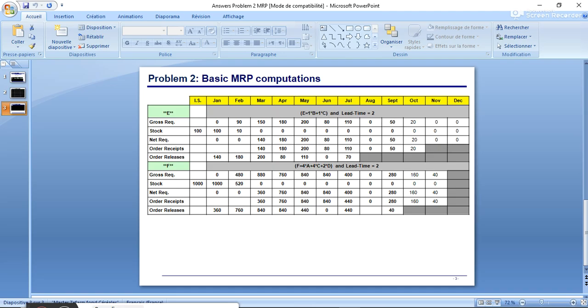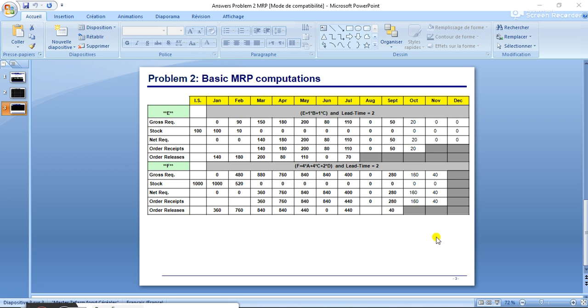So the computations aren't that different from what we've seen for the other components. But here we have order receipts and order releases. Order receipts is the number of units we expect or we plan to have, and the order releases, of course, is the quantity we're going to order.